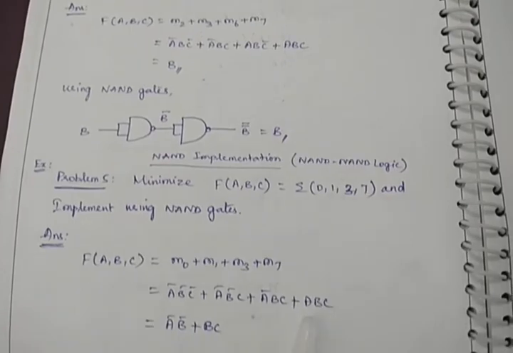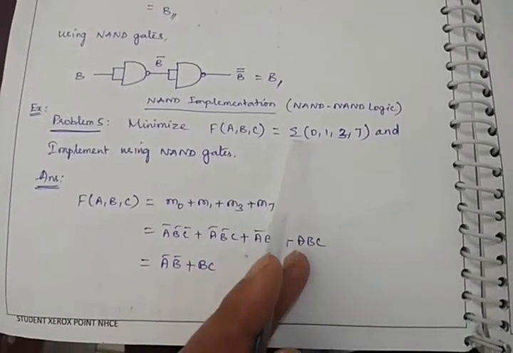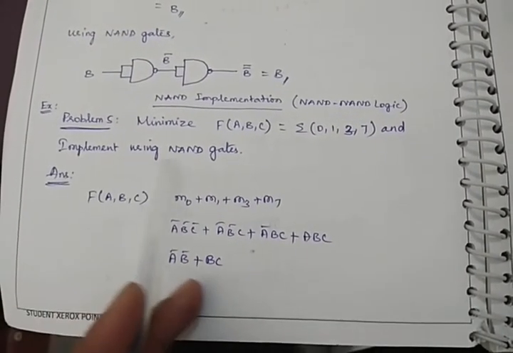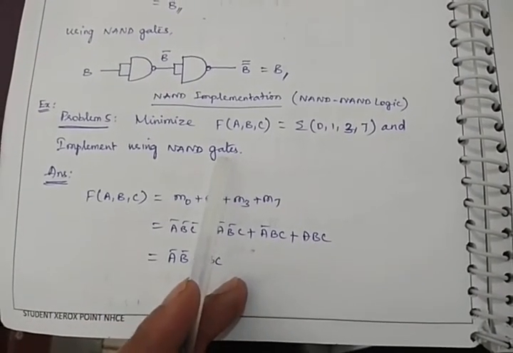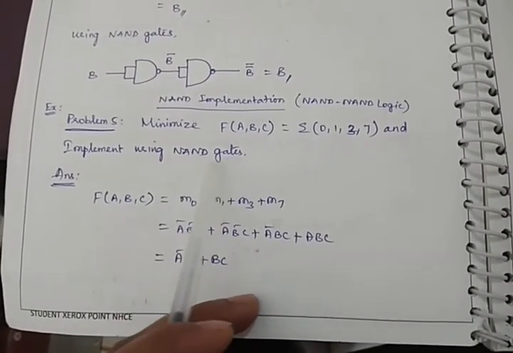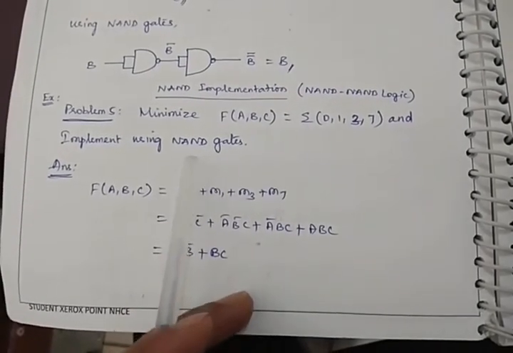This is a NAND logic implementation. So we'll see the next problem. Minimize f of a, b, c equal to summation of 0, 1, 3, 7. Implement using NAND gates. See, basic gates means AND, OR, NOT, and sometimes a question like this will come using NAND gates. Remember that.